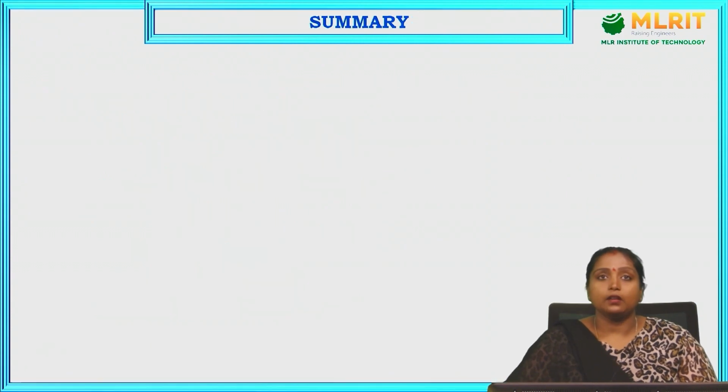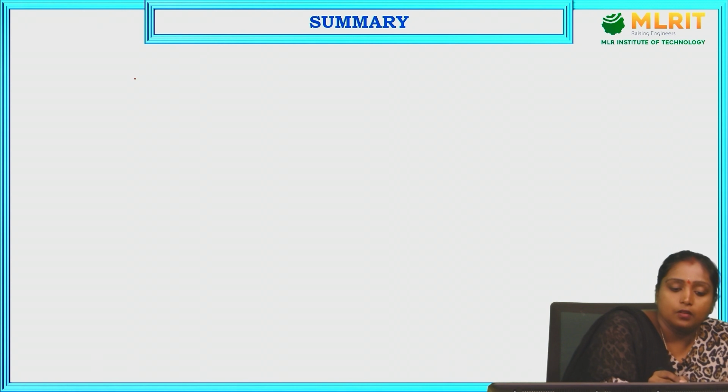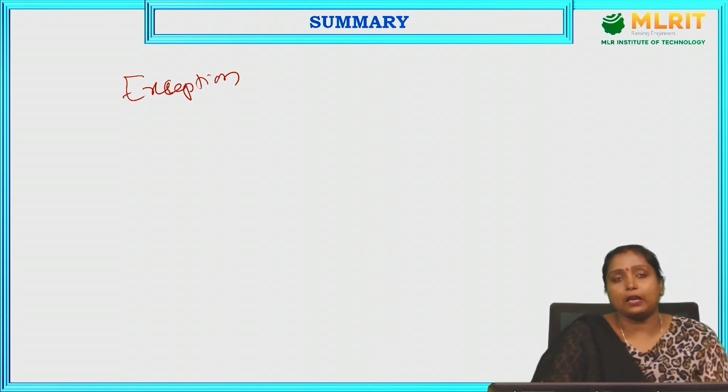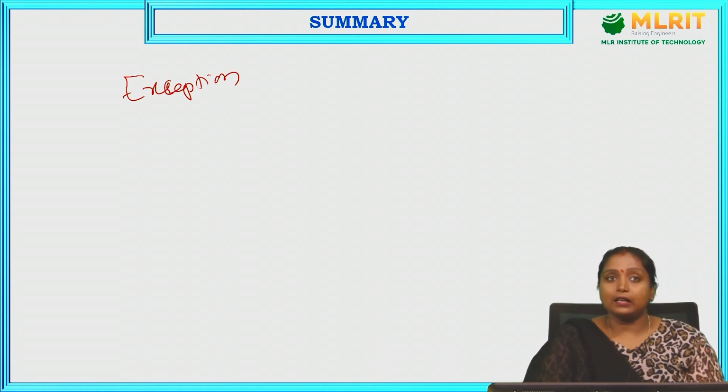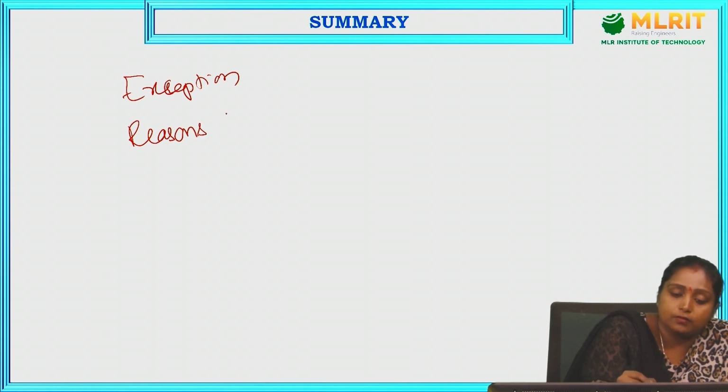Okay. So, in today's session, what have we learned? First, what is an exception? An abnormal situation at runtime, where the program could be terminated. Such a situation or problem is known as an exception. And we have seen the reasons for exceptions.